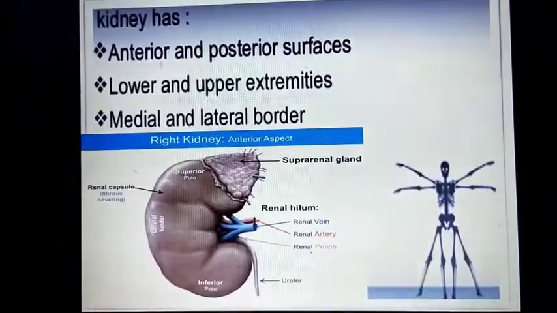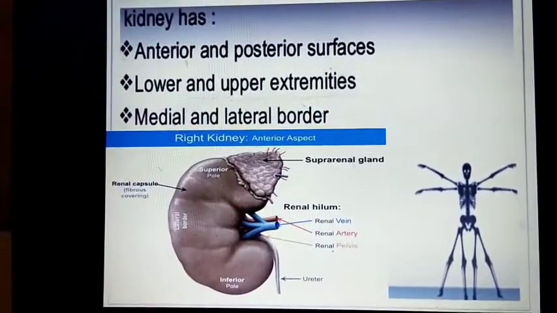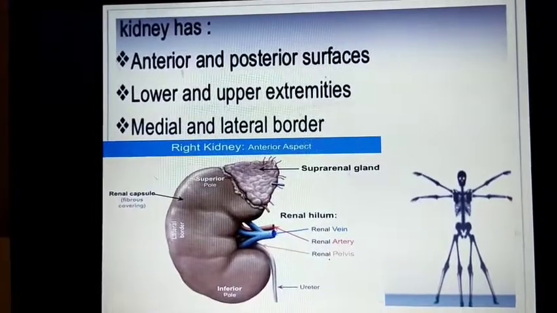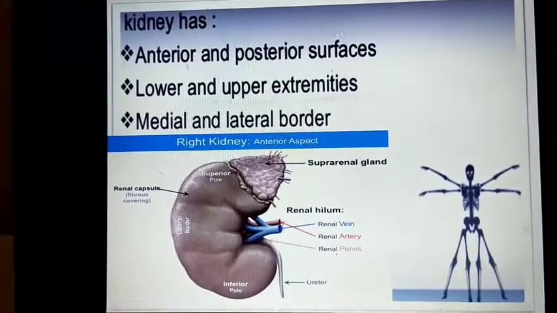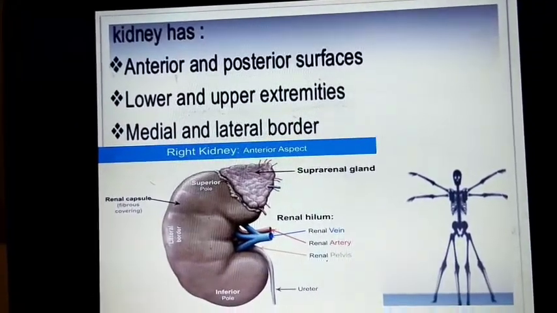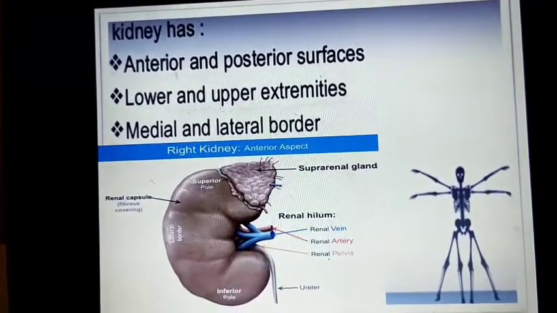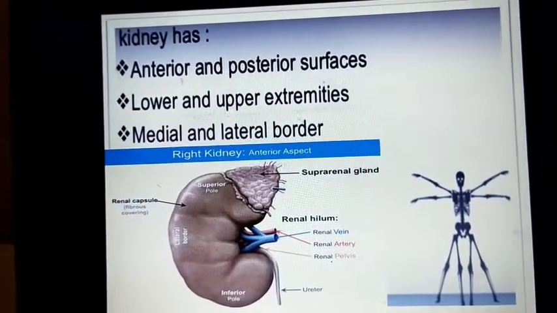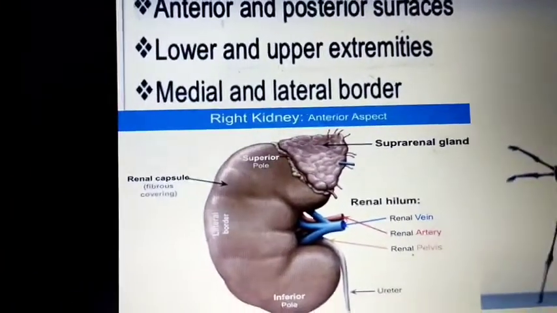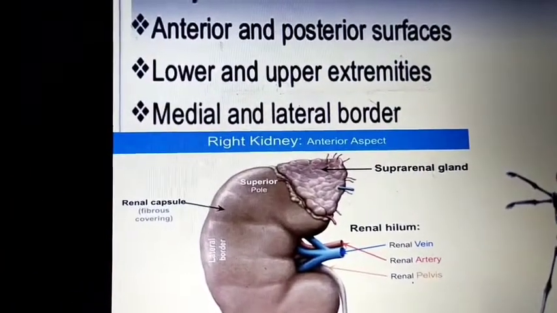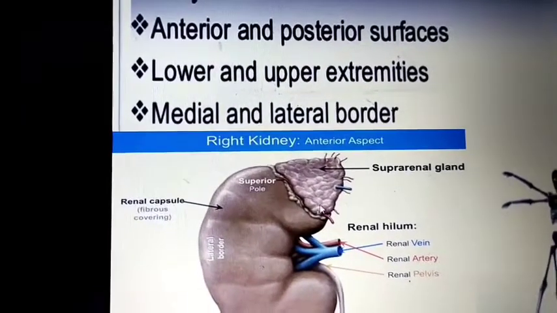Now the kidney has two surfaces, two ends and two borders. Which are the two surfaces? Anterior surface and posterior surface. Two extremities or two ends: the upper end and the lower end.